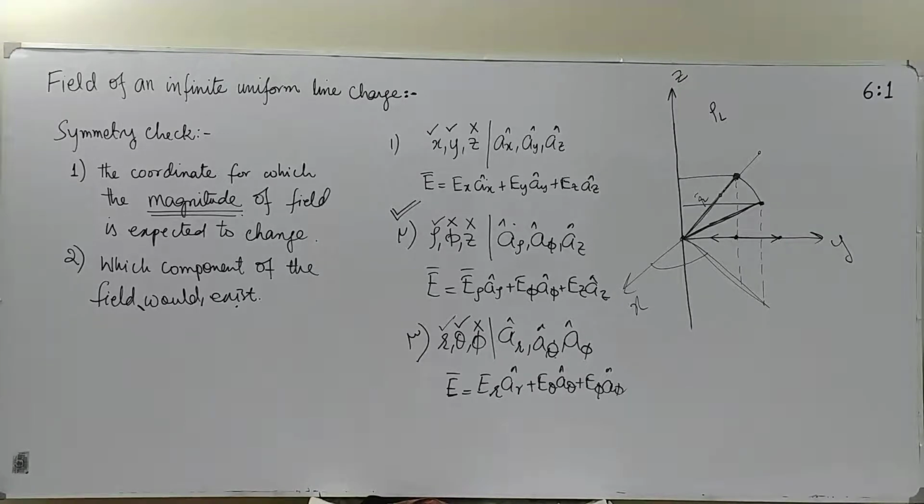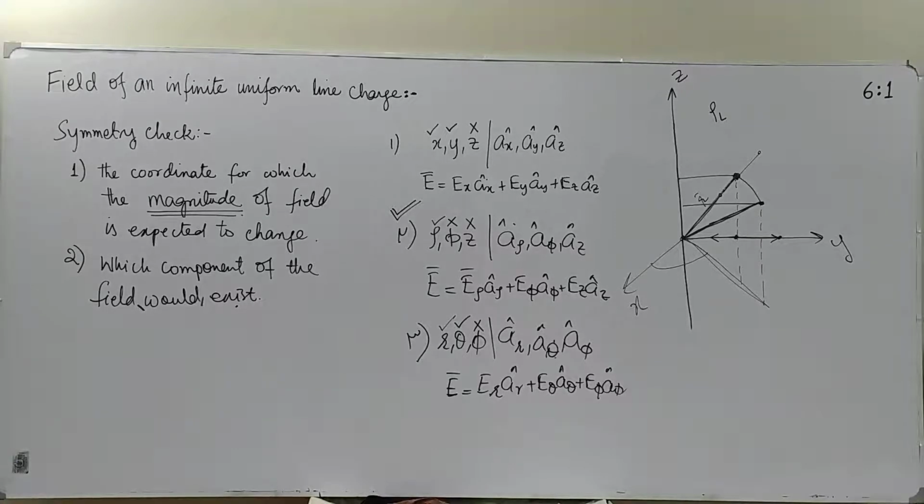It may turn out later on that a particular coordinate which we were expecting would change the magnitude of the field is actually not changing the field itself. But for the symmetry check, we try to see the expectation.